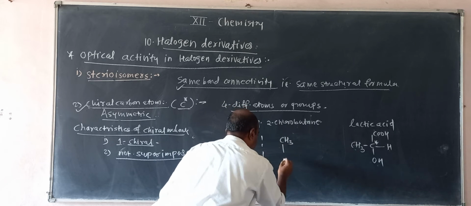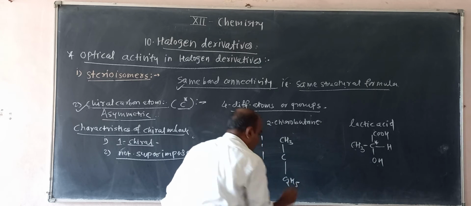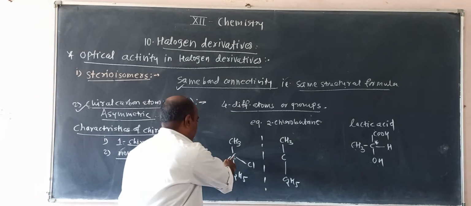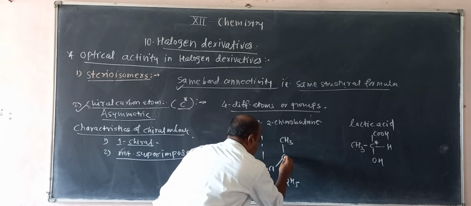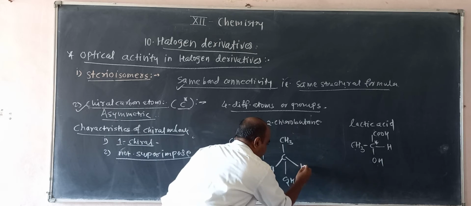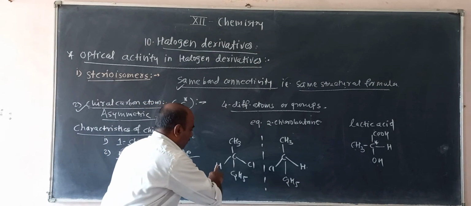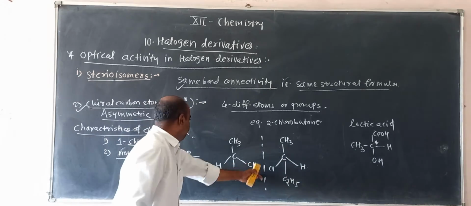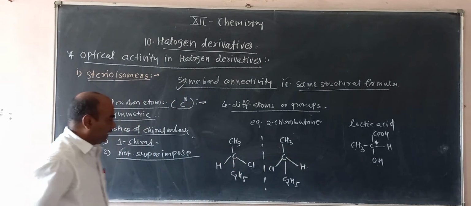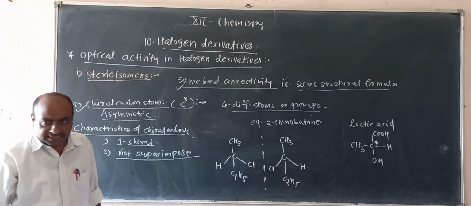This is the carbon atom. The C2H5 group is as it is. Only the left side becomes the right side and the right side becomes the left side. So only the positions of hydrogen and chlorine change in the mirror image of 2-chlorobutane. See here, they are not coincident with each other.